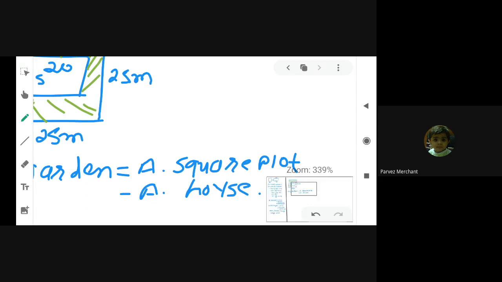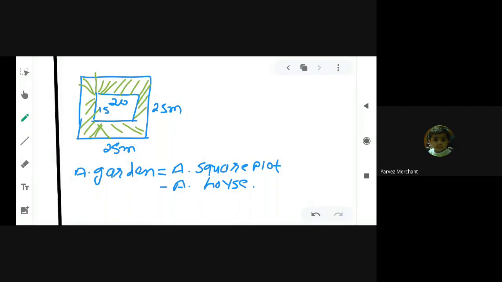You can see here in the figure, first of all, we are finding this whole area of the square plot, right?